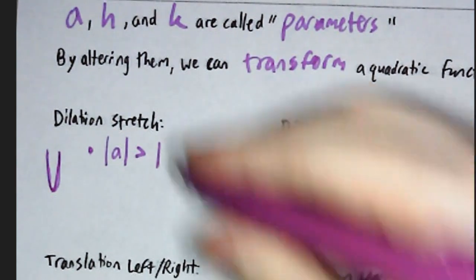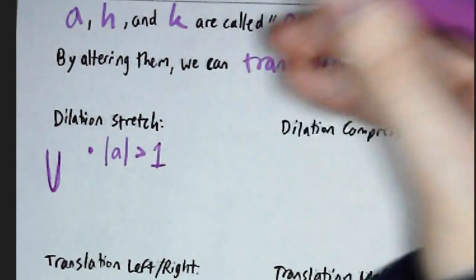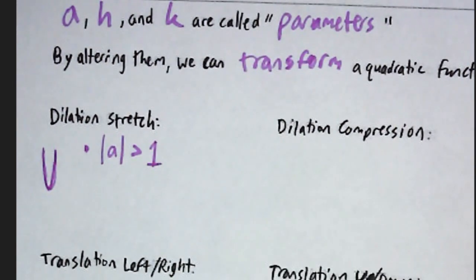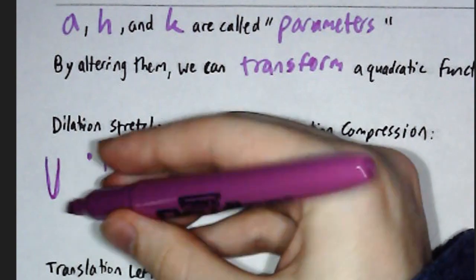So if the absolute value of a is greater than 1, so things like 2, 4, and then anything smaller than 1 in the negative direction, so like -3, -5, basically plus minus anything bigger than 1 is going to cause a stretch. And the parabola gets skinnier.